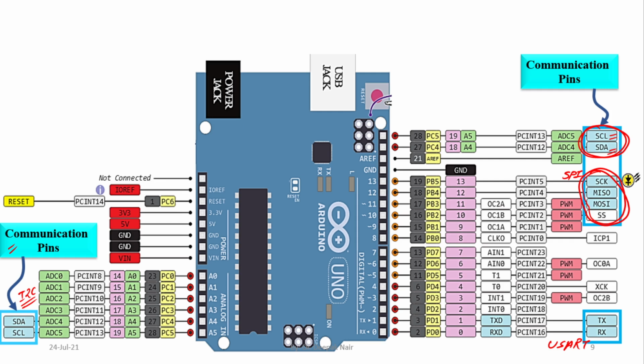Remember, at a time we can use only one of the features of these pins. That means you can use these pins either for analog to digital, digital input or output, or analog reading, or communication, or any other purpose. But at any time one of the functions will be activated and you cannot use the rest of the functionalities.